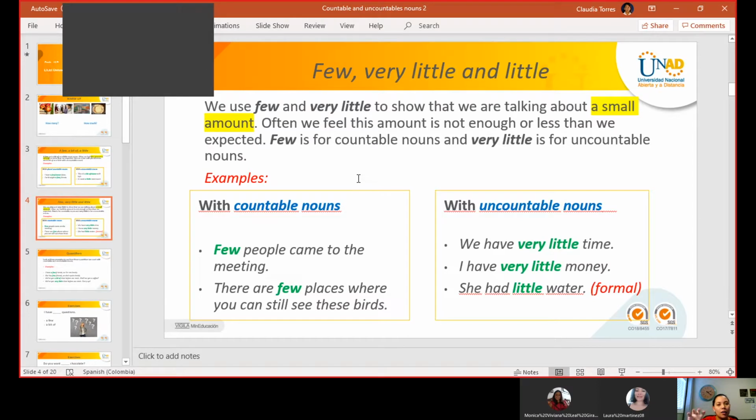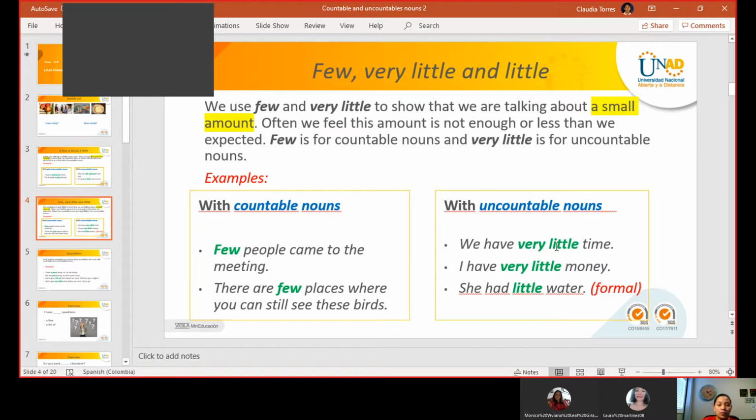The most important thing here is when you think about few, very little, or little, you have to imagine like a negative connotation. Now, with uncountable nouns, you use very little or little, but little is a little bit formal.